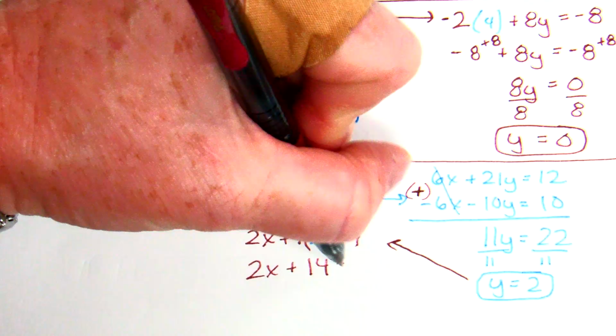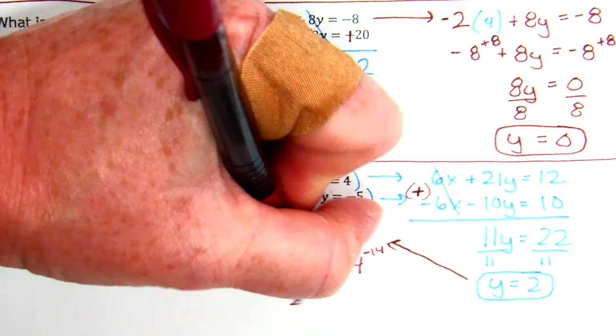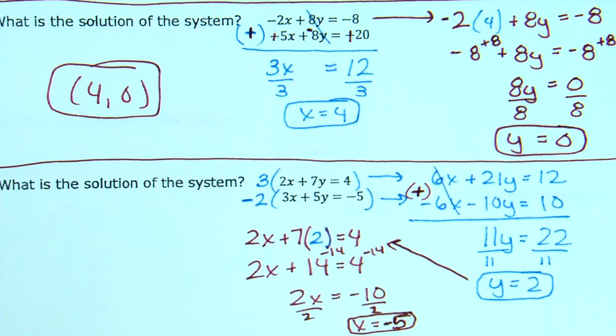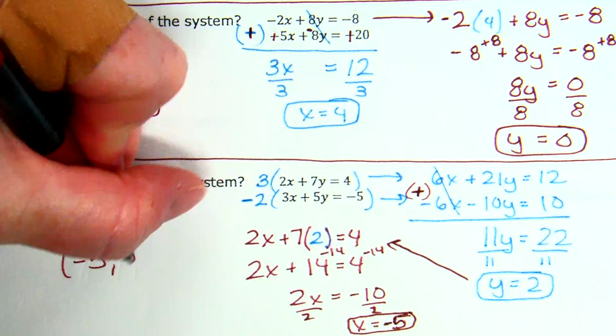Subtract 14. 2x equals negative 10. Divide by 2, and x is negative 5. Final answer? Negative 5, 2. Get that ordered pair in the right order.